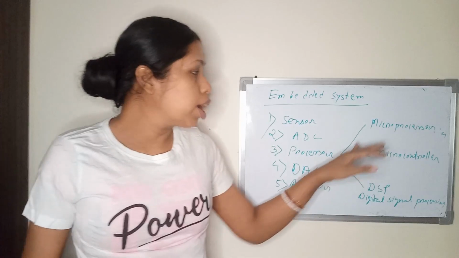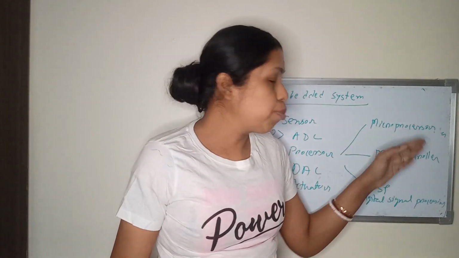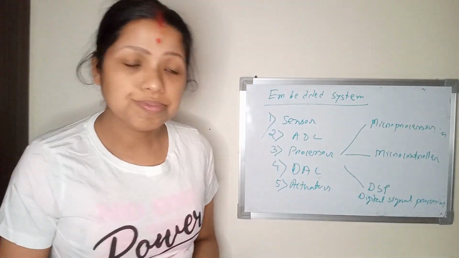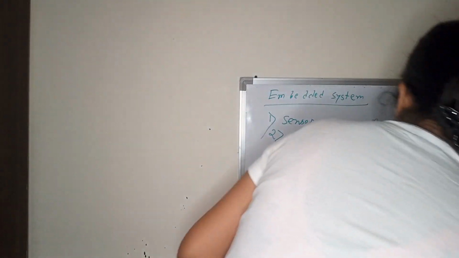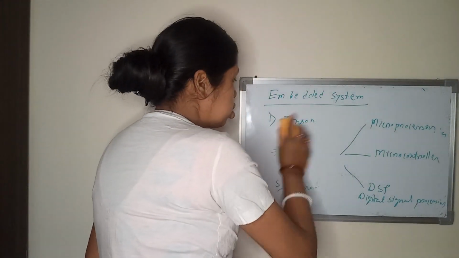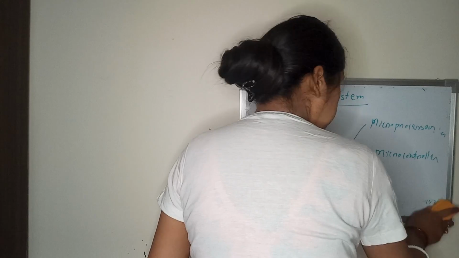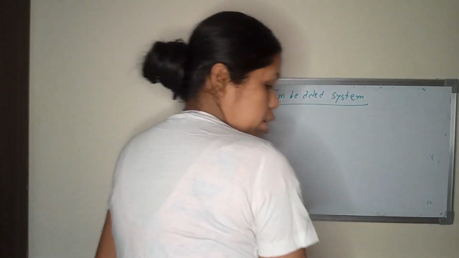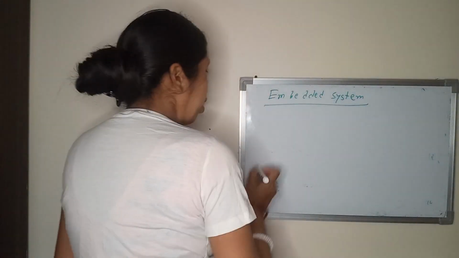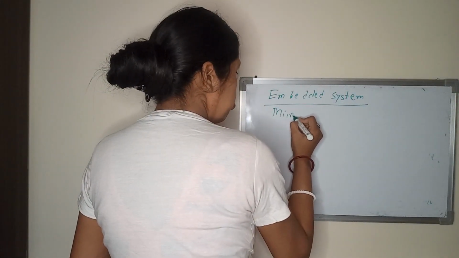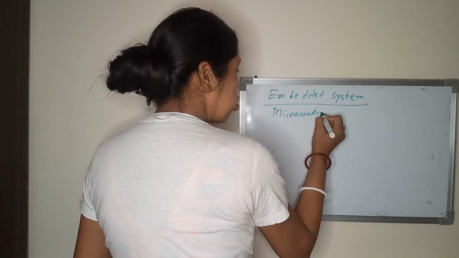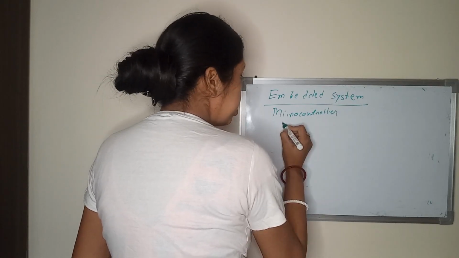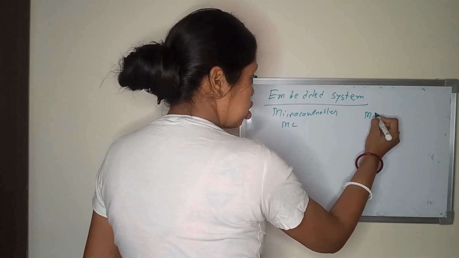Okay, so now come to the difference between the microprocessor and the microcontroller. Normally, microprocessor and microcontroller are both based on coding and assembly languages. So what is the main difference between them? The microcontroller you can also write as MCU, and the microprocessor is also there.